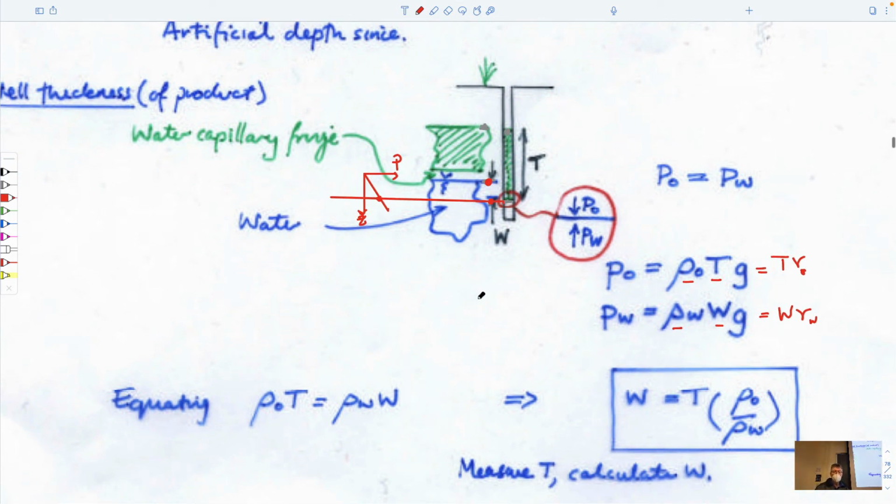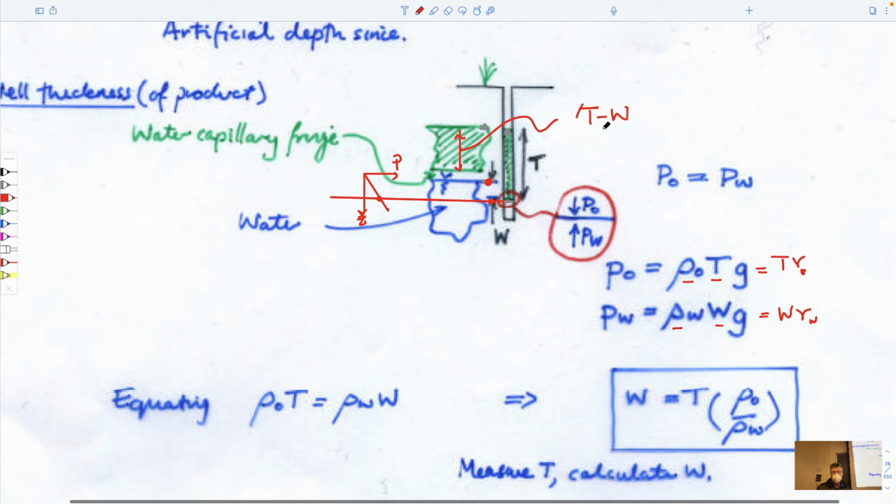And what we'd like to know, I think, is the value of this height here. We'd like to know this, and of course this value is T minus W. So T is the depth of this interface, W is the height of this interface, ignoring this vadose zone.